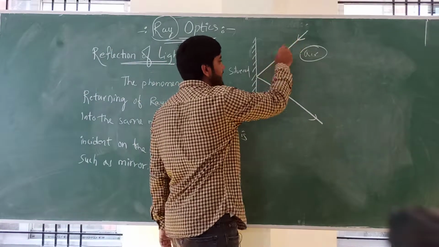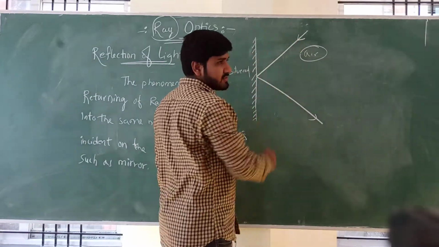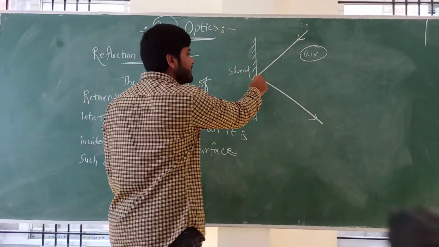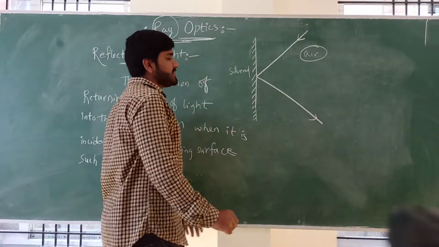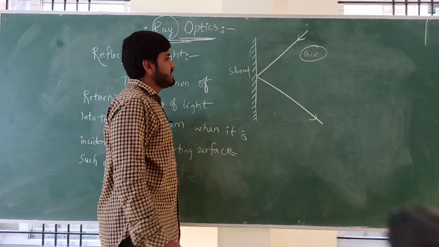Whenever you make light incident on a reflecting surface, such as a mirror, the ray of light will come back into the same medium. This phenomenon is called reflection.